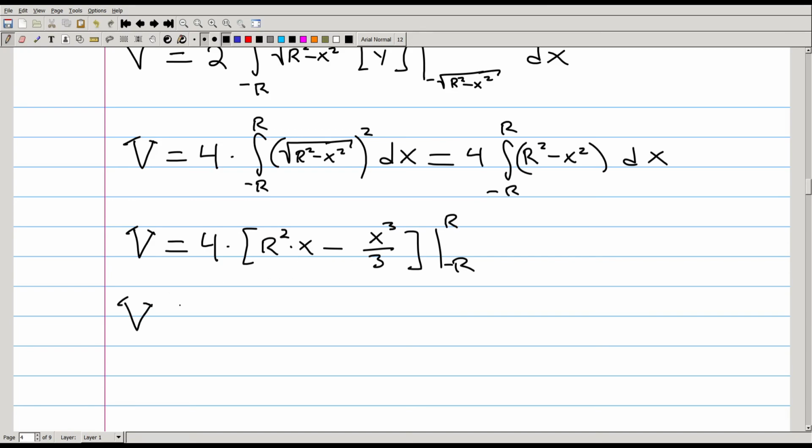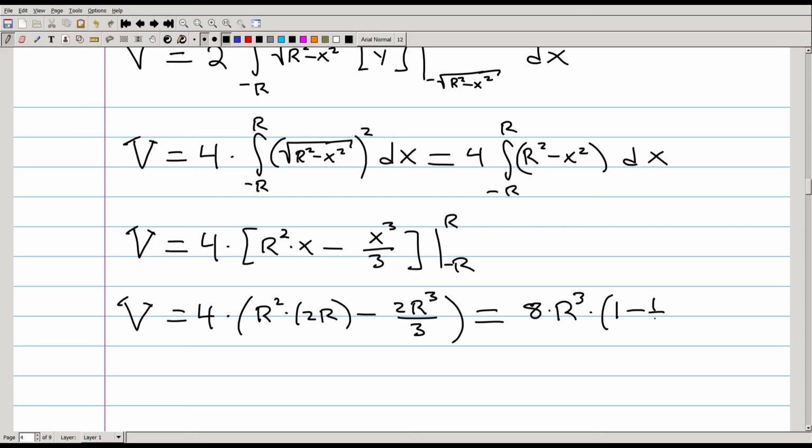And when we plug in r here, this is going to become 4 times, and ultimately what will simplify down to r squared times 2r minus 2r cubed over 3, or 8r cubed, we factor out the 2 here, and the r cubed times 1 minus 1/3, which is going to be 2/3 here times 8, so it's 16 thirds times r cubed.